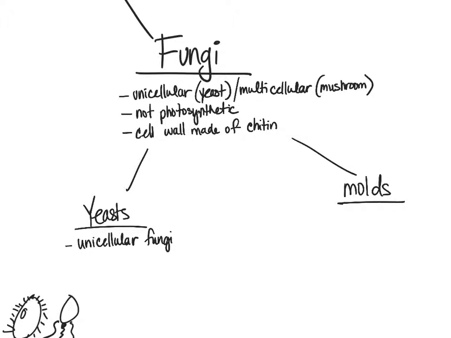And yeast can be both helpful and harmful, right? For helpful, we can use some of our yeast to make bread, or we can use it to make different beverages. So wine or beer or kombucha, all of those things utilize yeast, also ginger beer, things like that. But they can also be harmful, so they can cause infections like thrush, and they can contribute to things like food spoilage.